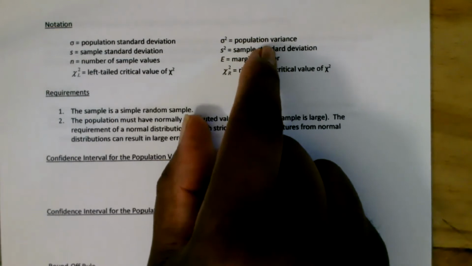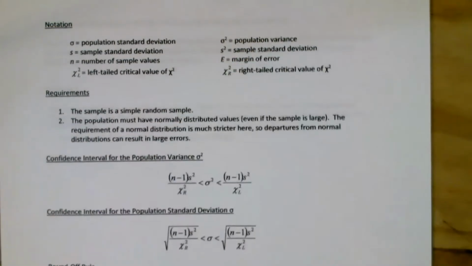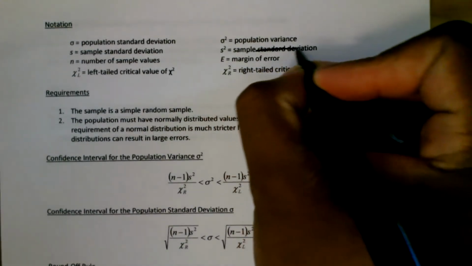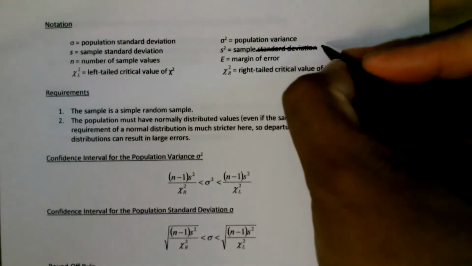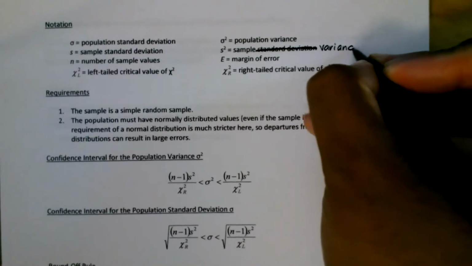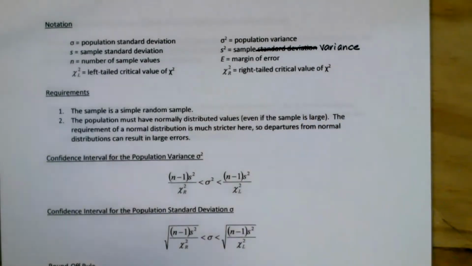Sigma squared is the population variance and S squared is the sample, that should read sample variance and not sample standard deviation. So let me correct that. Sample variance.